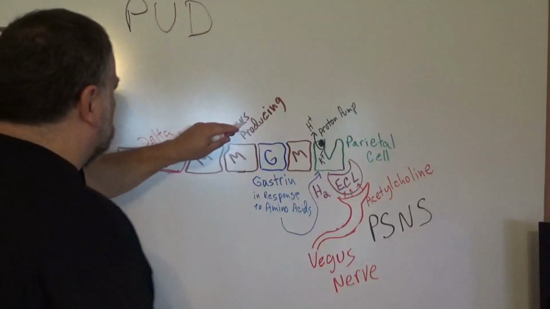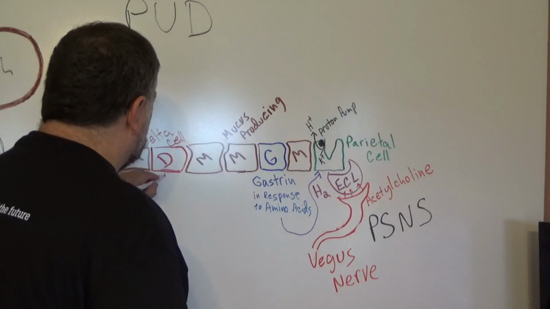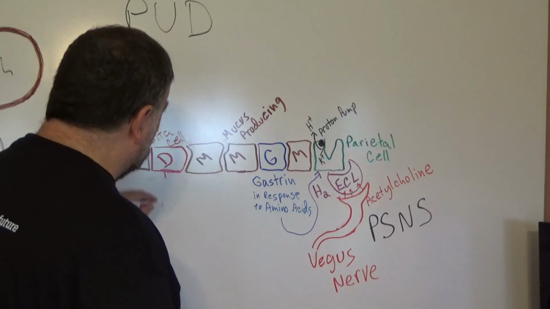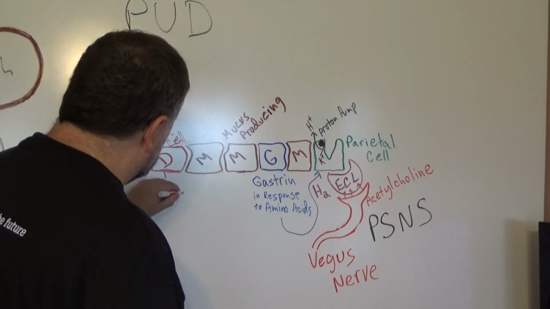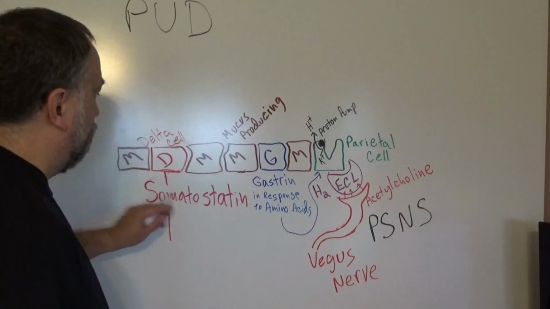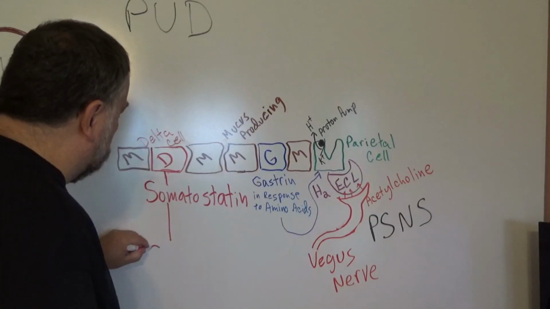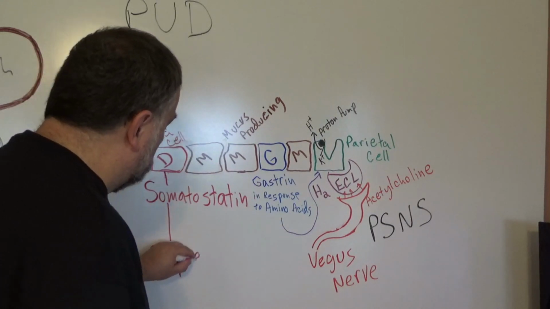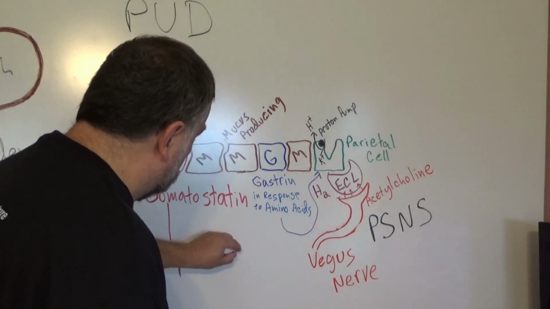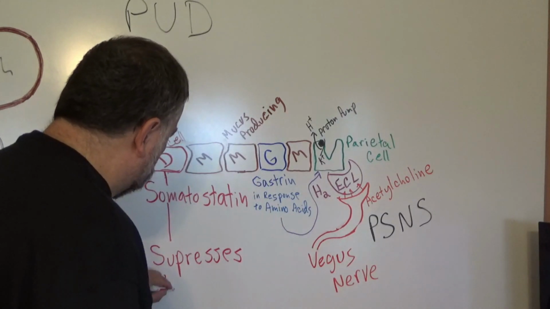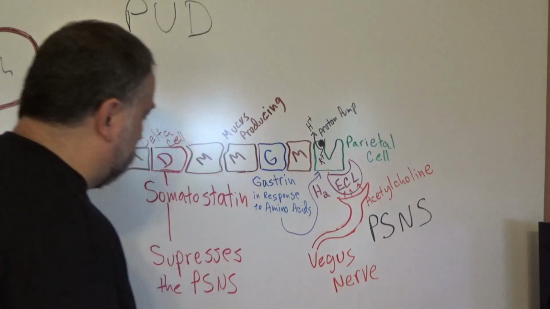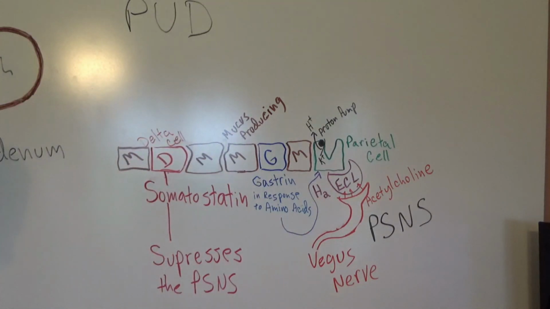Now, in response to this high acidity, our negative feedback here, the delta cell releases somatostatin. What the somatostatin does is it suppresses the parasympathetic nervous system activity, so it blocks the acetylcholine activity here in the stomach.